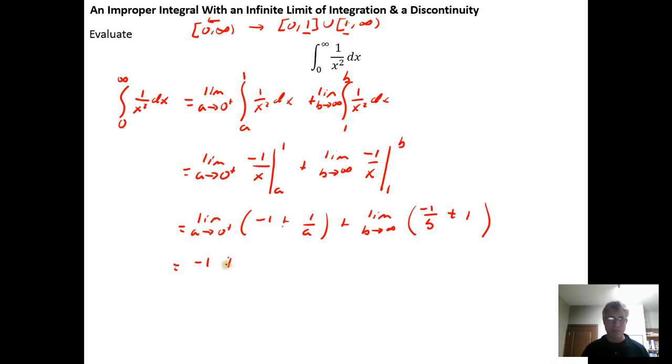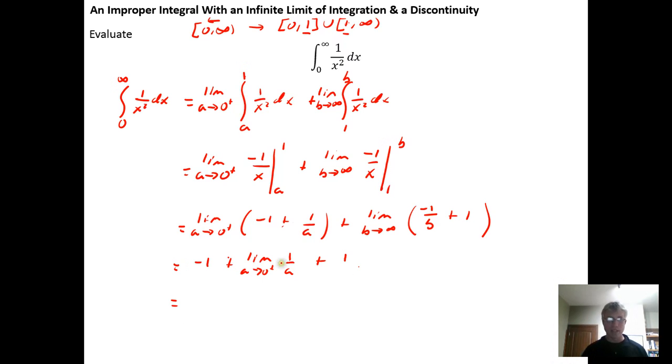So we have plus, the limit of a constant is a constant, and then the limit as a goes to 0 from the positive side of 1 over a still needs to be evaluated, plus the limit as b goes to infinity of this. We can actually evaluate this. The limit as b goes to infinity of this will be negative 1 over something getting infinitely large is 0, so we get 0 plus 1 is 1. Negative 1 plus 1 is 0.